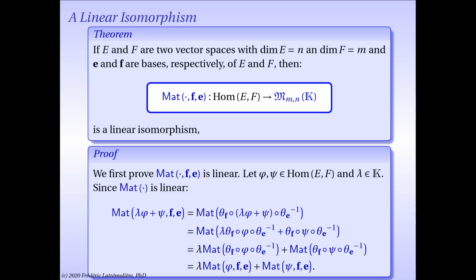The matrix of lambda phi plus psi in our chosen ordered basis is the standard matrix of the map theta sub bold F composed with the map lambda phi plus psi composed with the inverse of theta sub bold E. We then use distributivity of the matrix multiplication, followed by the linearity of the map which associates a matrix to a linear map between k to the n and k to the m, to conclude that indeed this expression is lambda times the matrix of phi in the chosen ordered basis, plus the matrix of psi in the same ordered basis.